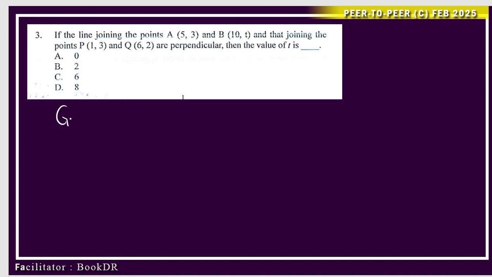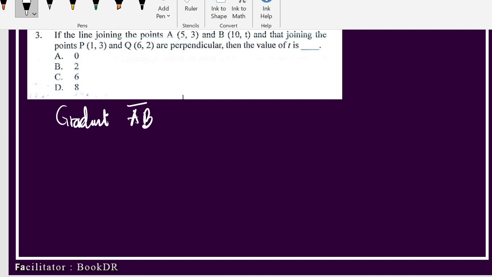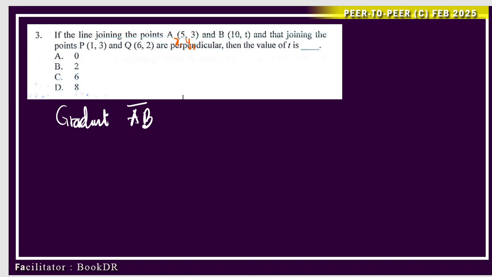So first, let's find the gradient of the line AB. We shall name the first point as our x1, y1, and the second one our x2, y2.